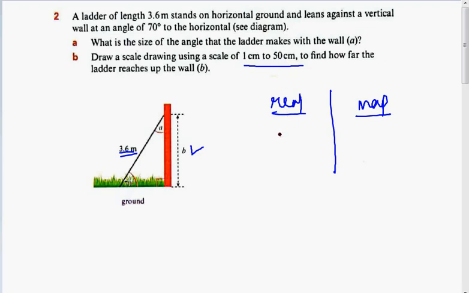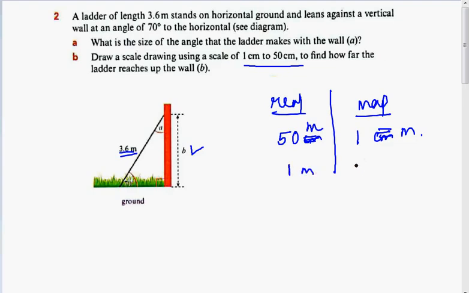So real is 50 and this one is 1. These both are given in centimeters and this one is given in meters. So we can change the units and make some common unit, like centimeter to centimeter, or meter to meter and so on.